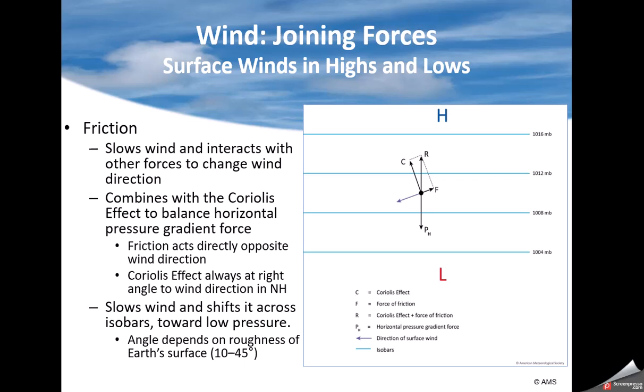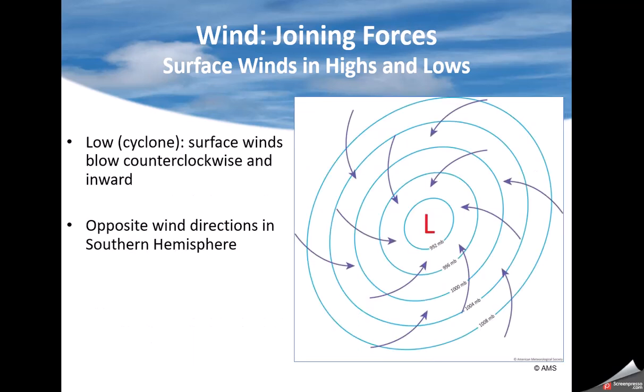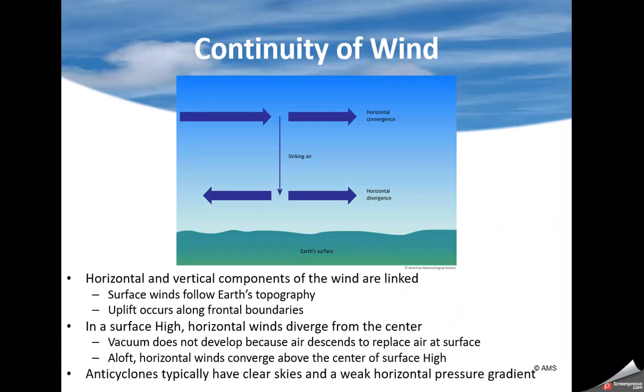So because of that, wind will begin to blow towards low pressure and away from high pressure. That is why when you look at a surface weather map, you'll see winds that are clockwise around the high, but they're always tending to blow outward slightly. Around the low, they'll always tend to blow inward.